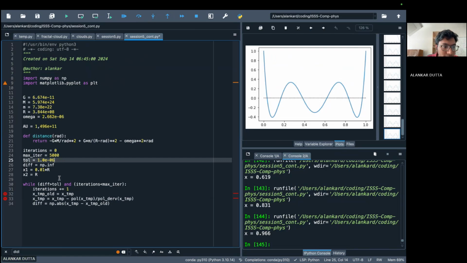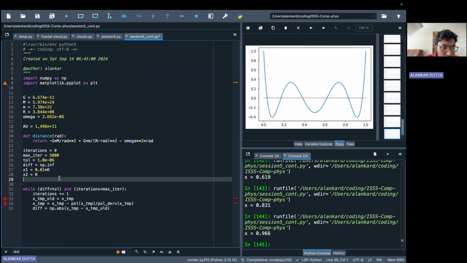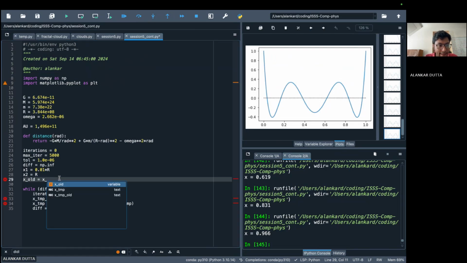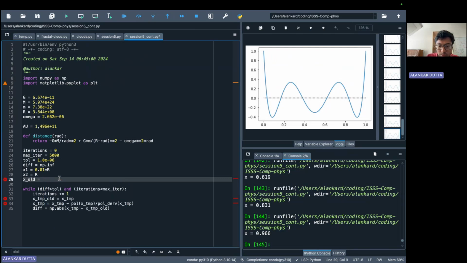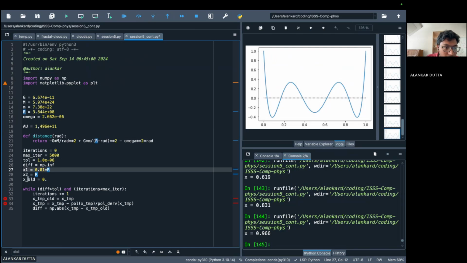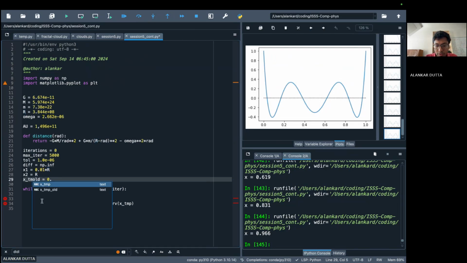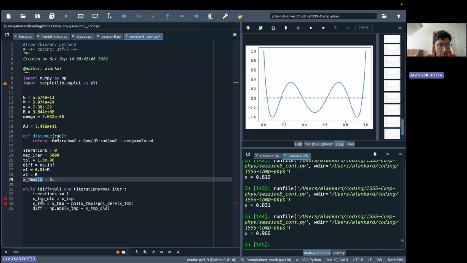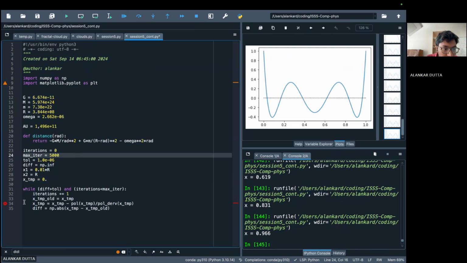And then x underscore old is equal to something 0, just for the sake of it. And xtmp is just 0, right?